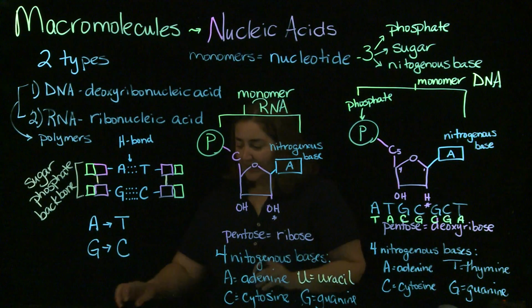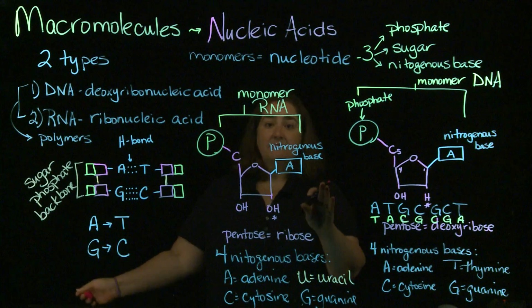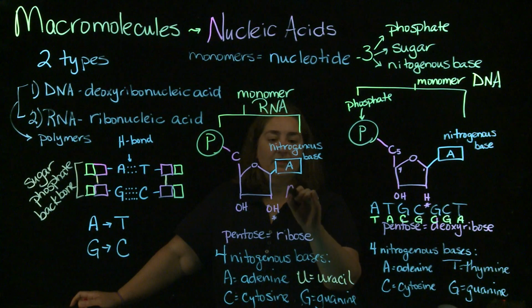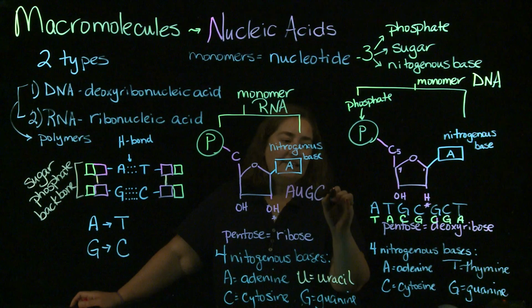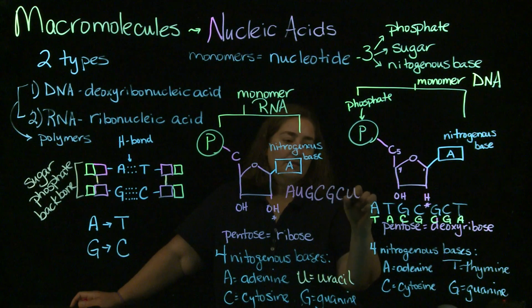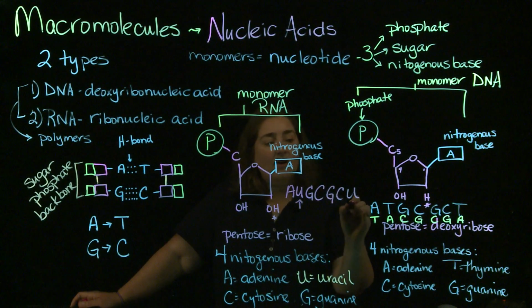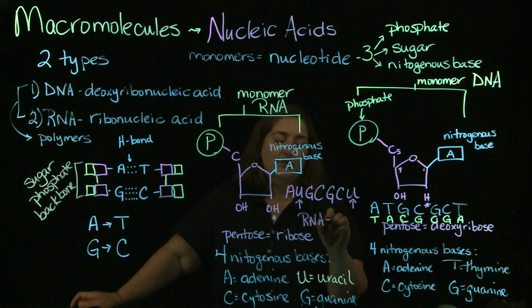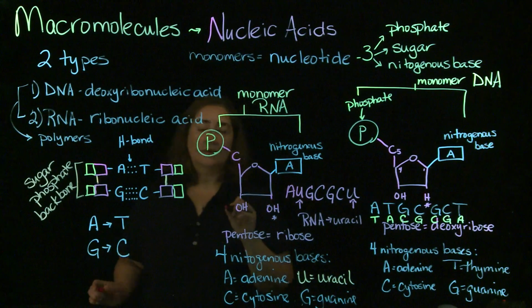All right? RNA, I said, was a little bit different. RNA, if I put up a sequence, you should be able to tell me whether a sequence is RNA or if it's DNA. And the way you can tell that difference, RNA is going to have the uracil. Okay?